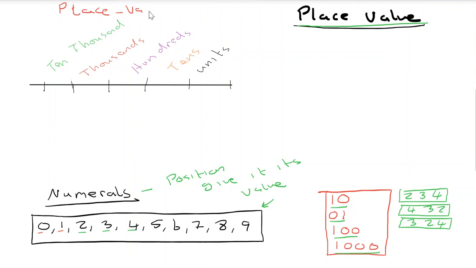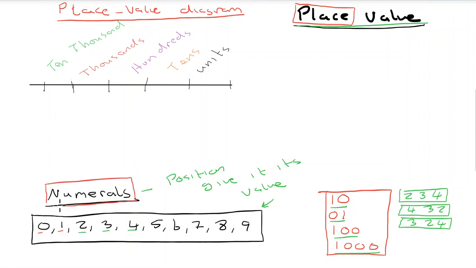So we can see here that there's a lot of emphasis on place. You have numerals and then you have their position, or their place, and that's very, very important.